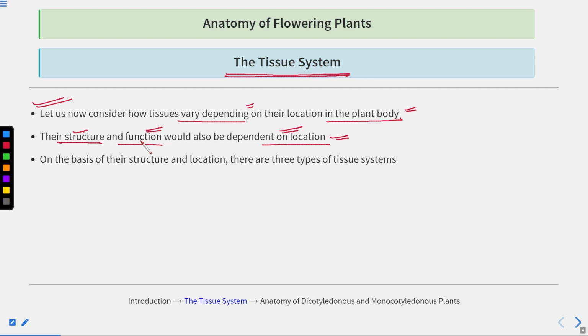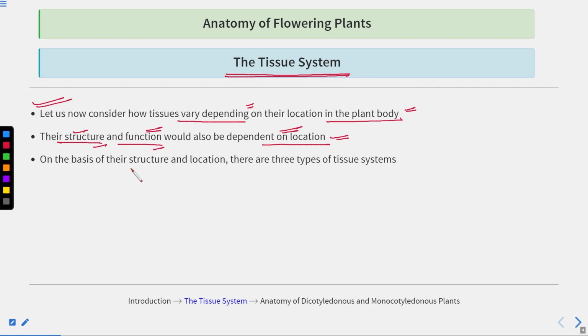Like the function of root, the specific type of tissue that governs its structure and function is present in the root only. It will not be present in the stem. In the same way, the tissue that is present in the stem will be quite different from the one present in the root system, because the root has a different function, so it will have a different structure. The stem has a different structure, so it will have a different function, right?